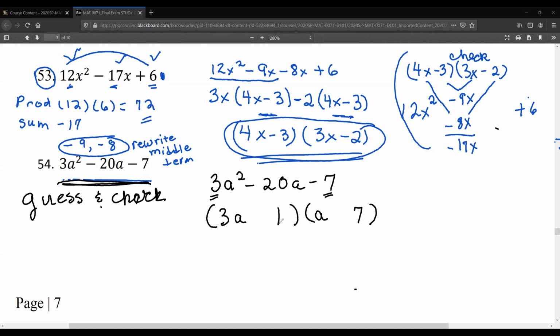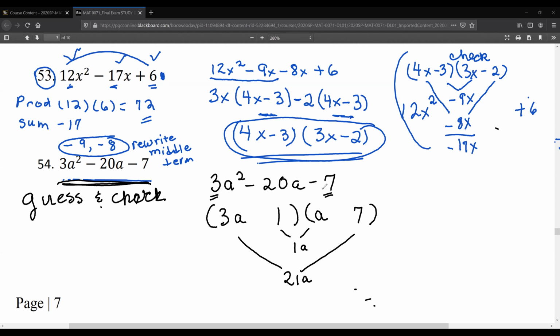We multiply these two together, we get 1a, and we multiply these two together, we get 21a. This looks better because there's a way we can get 20. So what do these signs have to be to get a negative 20a and a negative 7? One's got to be negative, one's got to be positive. Help me with the signs. What should the signs be?